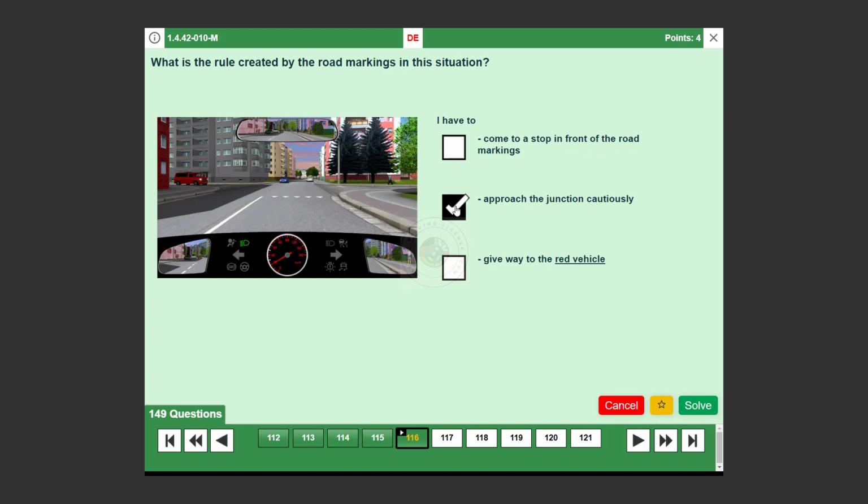Give way to the red vehicle. False. You only need to give way if there is a vehicle coming from your right at the intersection. Come to a stop in front of the road markings. False. There is no obligation to stop unless there is traffic approaching from the right.